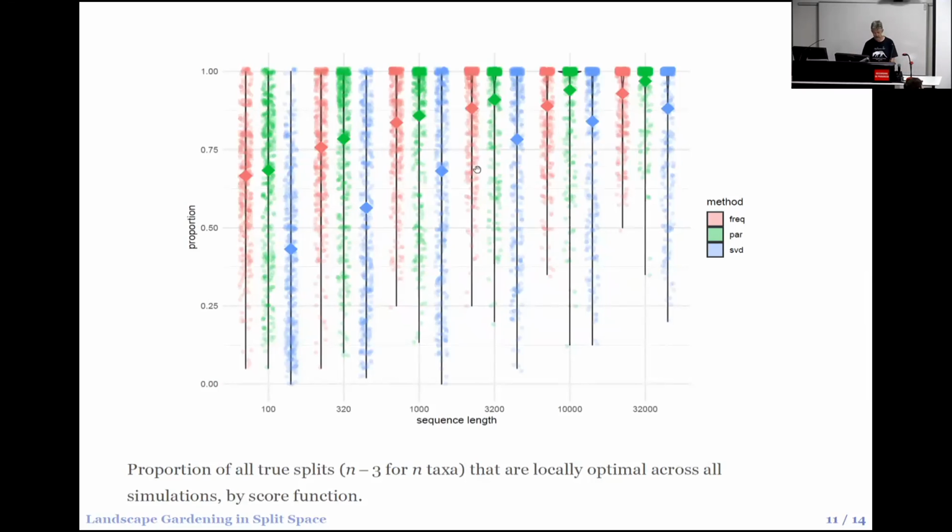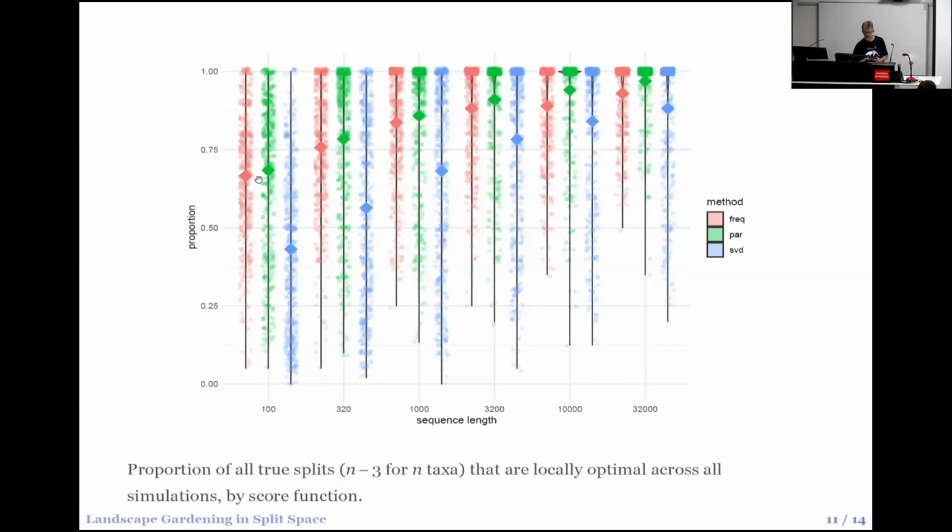This is my first time using ggplot, so it was a steep learning curve. The diamonds show the mean proportion, out of all possible true splits for the trees, for n from 4 up to 10 inclusive, plus some jitter to make things a bit easier to see.